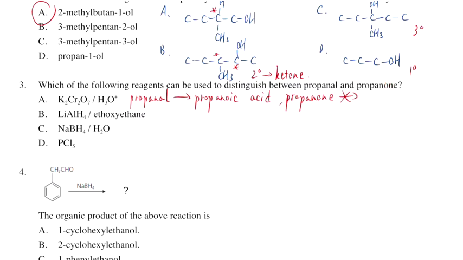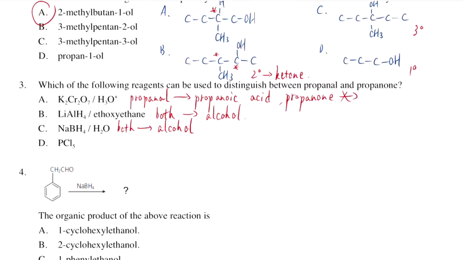So both of them will turn into alcohol, but propanal will turn into a primary alcohol, and propanone will be turned into a secondary alcohol. And for C, we have sodium borohydride in water. Again, it will undergo reduction, and both of them will form alcohol.